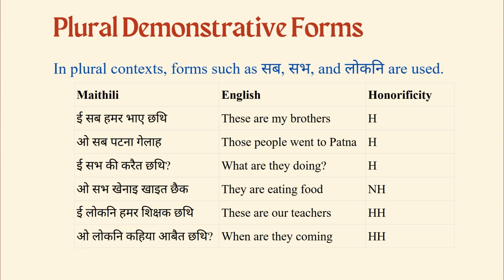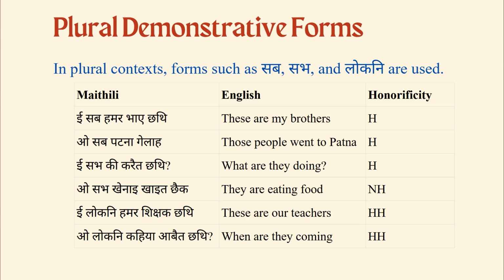So what are they doing? Again they is e sab, which is proximate and honorific. Honorificity, again we have to decide from the verb form. O sab khenai khait chhe. They are eating food.